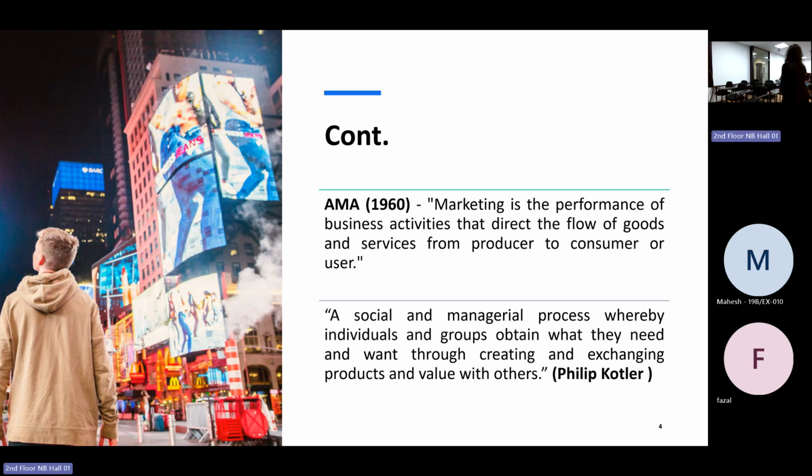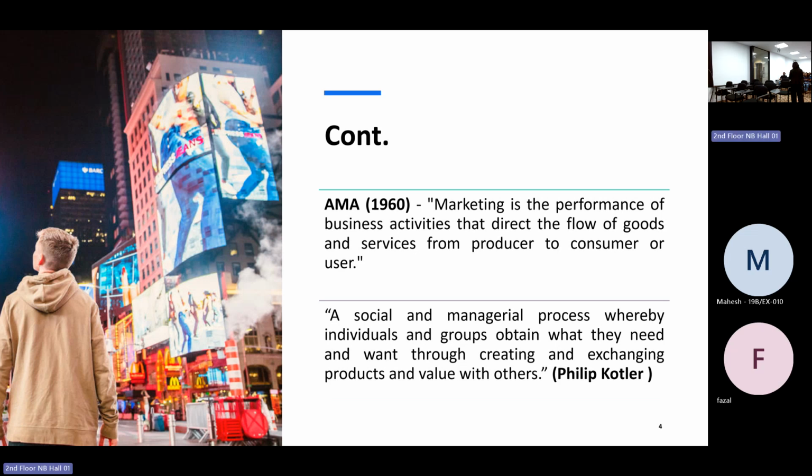Before going through these definitions, normally when we say marketing, what comes to your mind? As you know, what is marketing? Previously, you may have learned something.